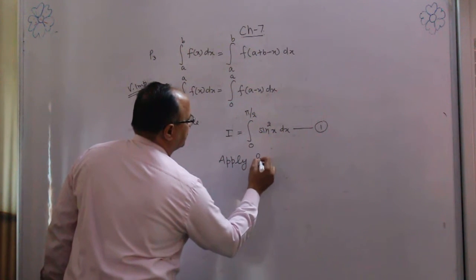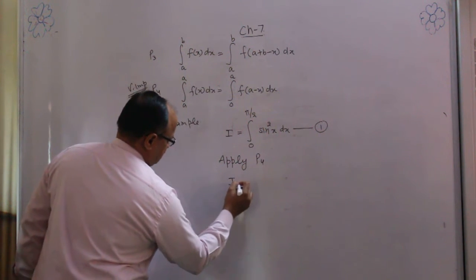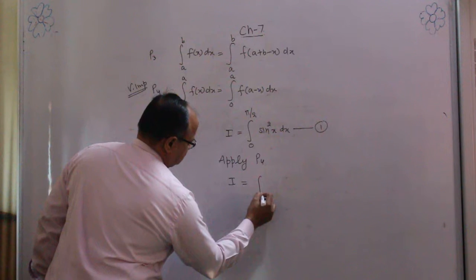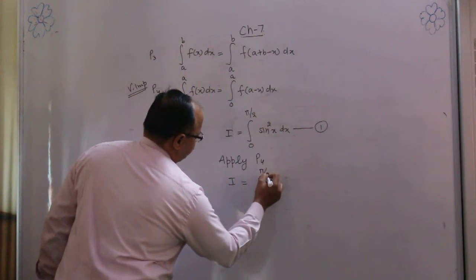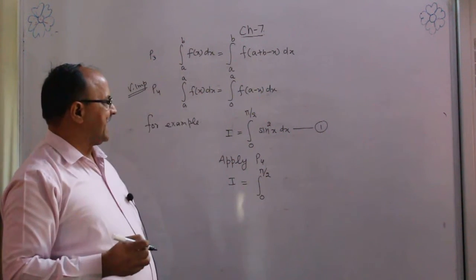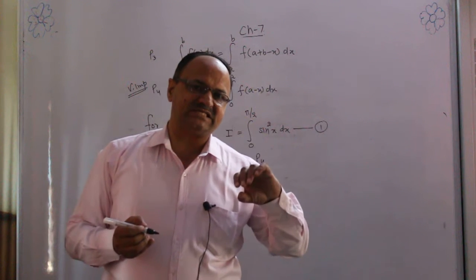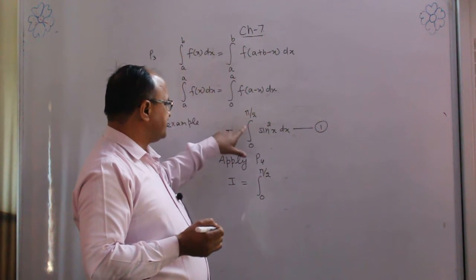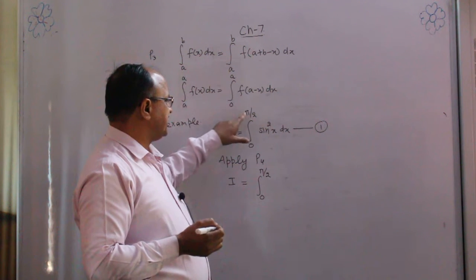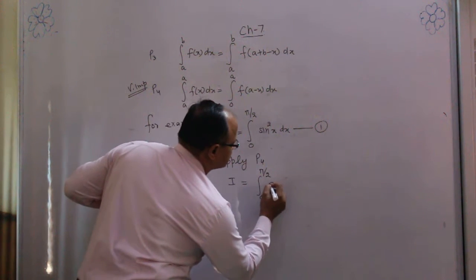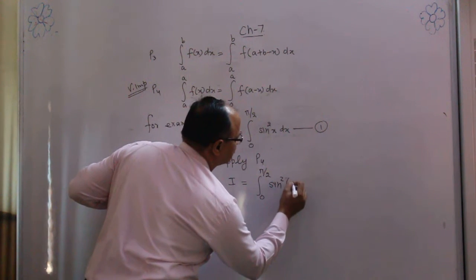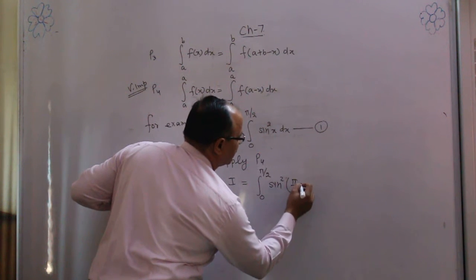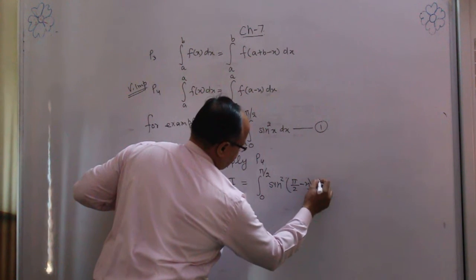P4 means x is replaced by a minus x. When you compare with the original property, the value of a here is pi by 2. Then replace x by pi by 2 minus x dx.